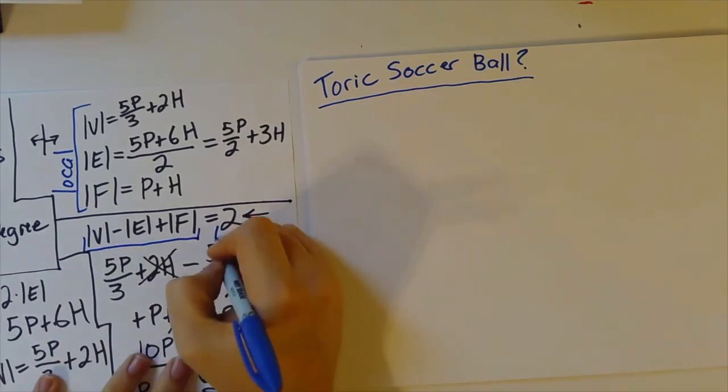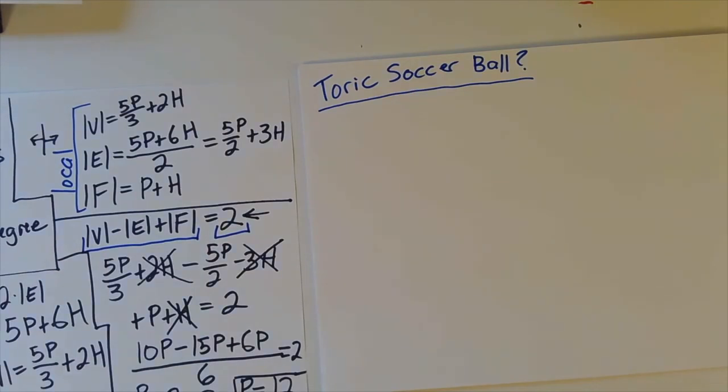Everything about the number of vertices, number of edges, and number of faces, that's all local. And on the other hand, this number, 2 in the case of the sphere, 0 in the case of the torus, that number is purely global because it's talking about something related to the number of holes the surface you're looking at has.